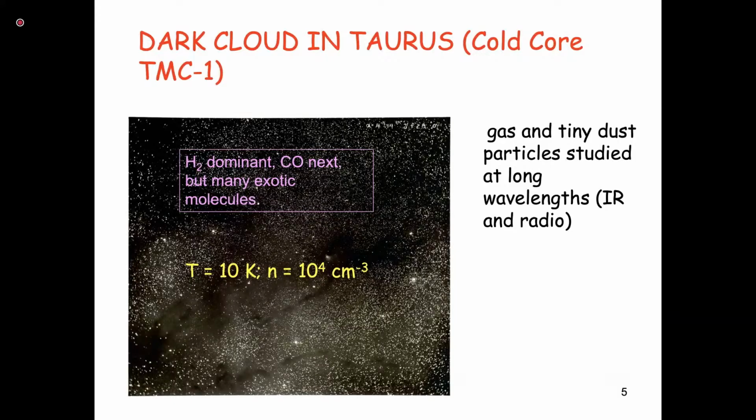I used to say that was a spectacularly good vacuum, and that it was less density than anything we could make on Earth. I'm told that's no longer true. You could make a better vacuum in the laboratory than you can in space, but still it's not very dense.